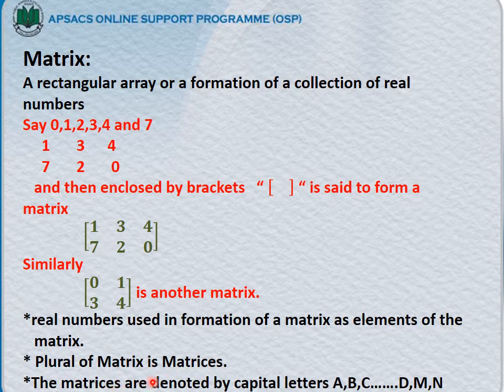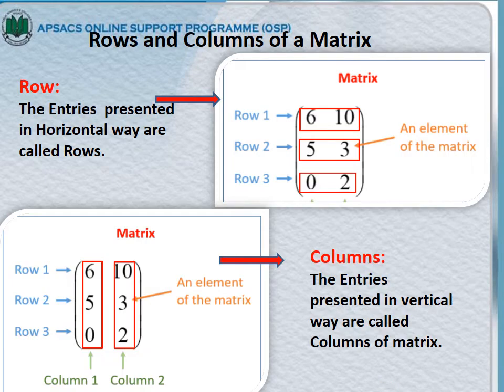The matrices are denoted by capital letters A, B, C and D, M, N, whatever you want to denote as a matrix. So within the matrix we can have any entry, any number, but when we want to denote a matrix, it should be a capital letter.